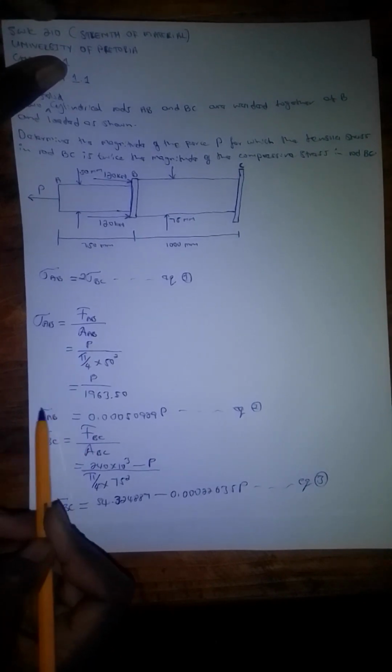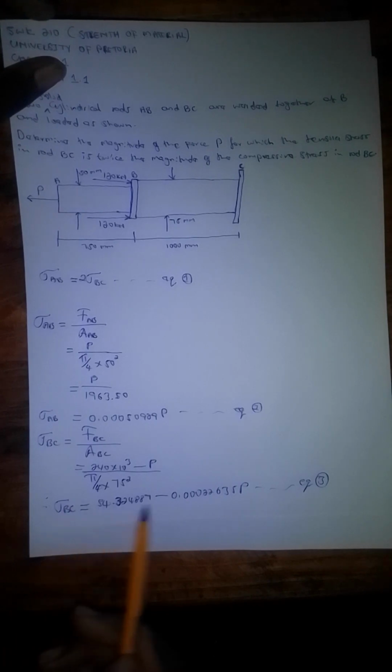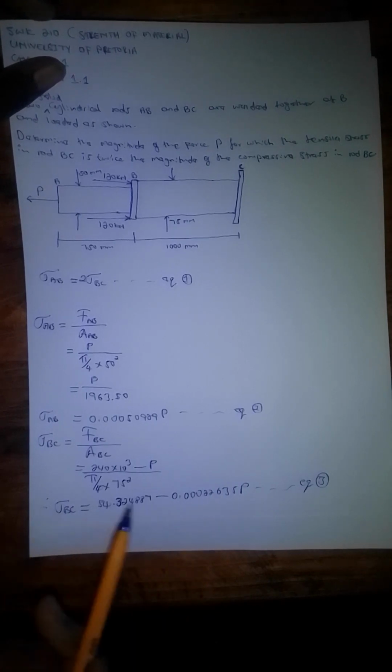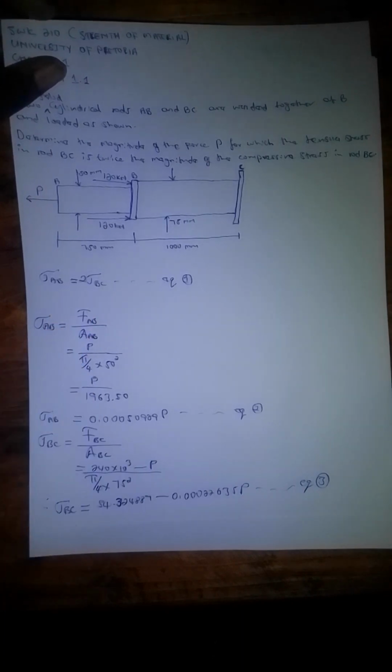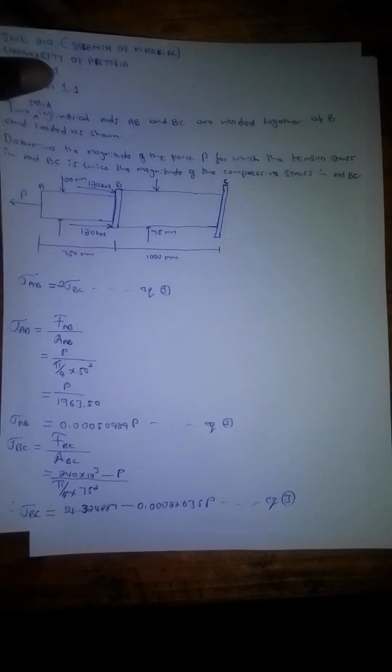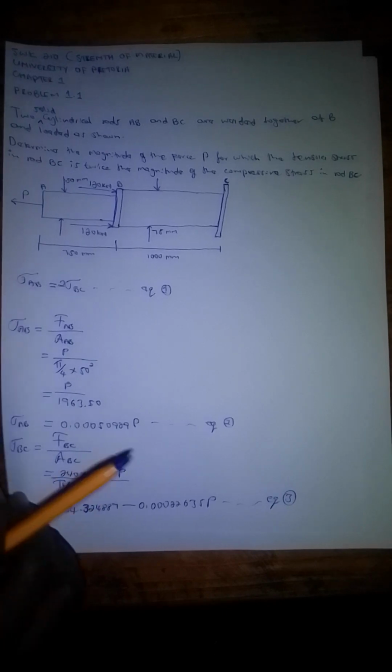We can simply take these two and substitute them in here, and then solve for P. That's why I said by now we are left only with the arithmetic, like your mathematics.